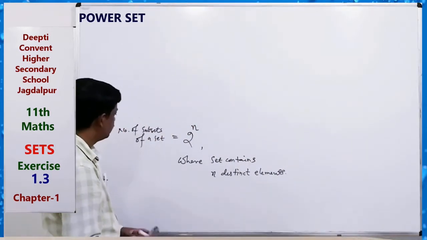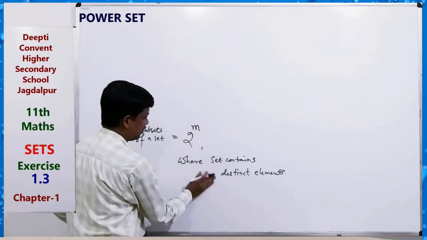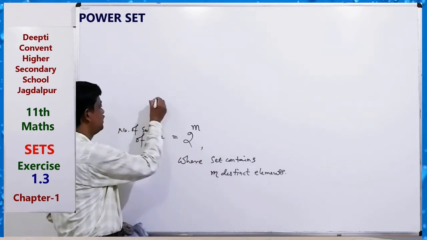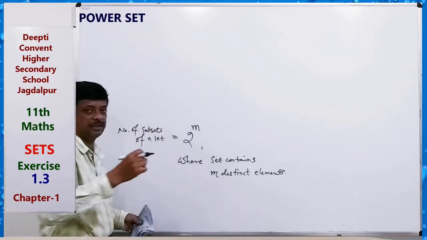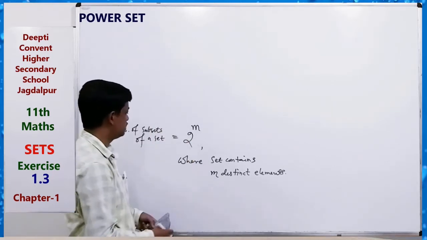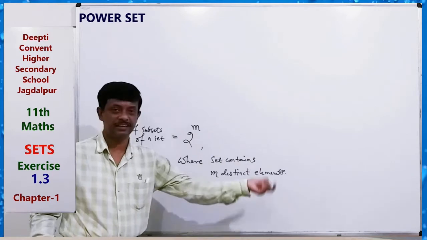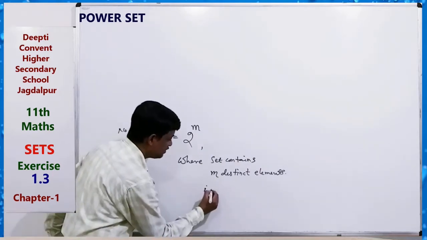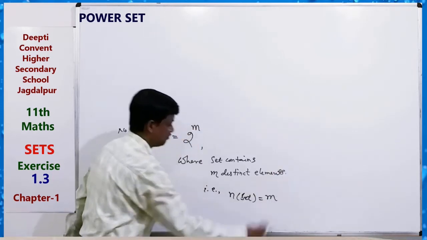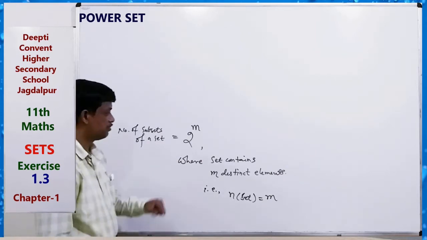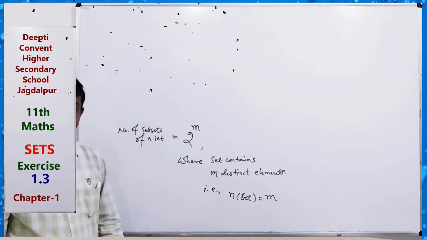You can also write it with m, because n represents the number of elements. So suppose n equals m, then 2 to the power m is the number of subsets of a set, where the set contains m distinct elements. That is, the cardinal number of the set equals m. Clear? So this is the formula for finding the number of subsets of a set.